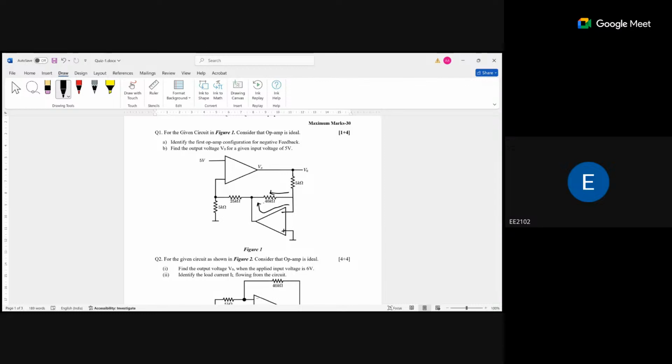Now V out is coming from this one. There is a voltage drop across this one and across this one, so we are getting some voltage drop, alpha V out, here. The value of alpha is less than 1.